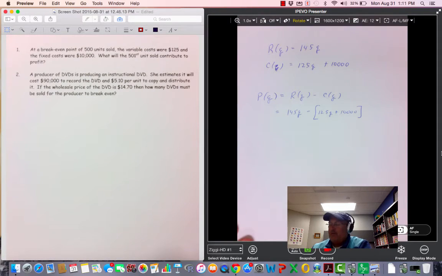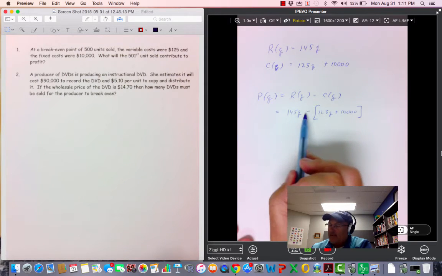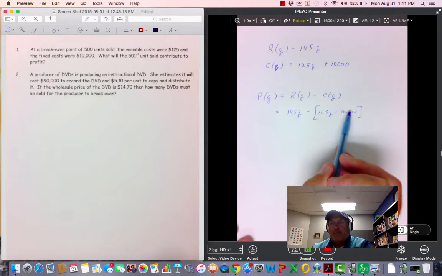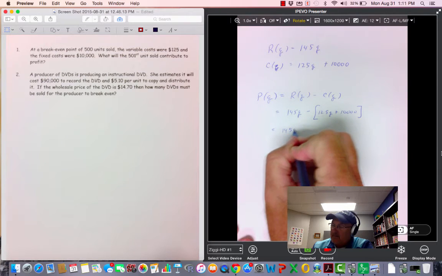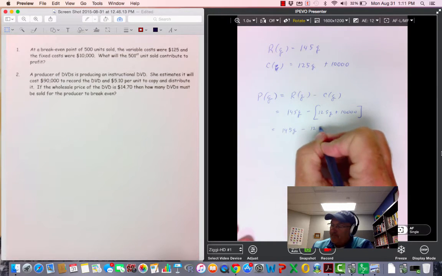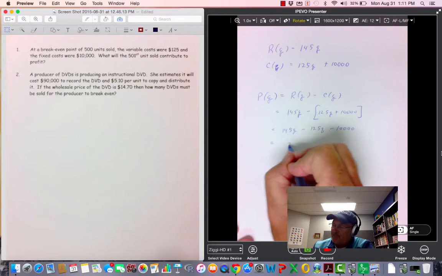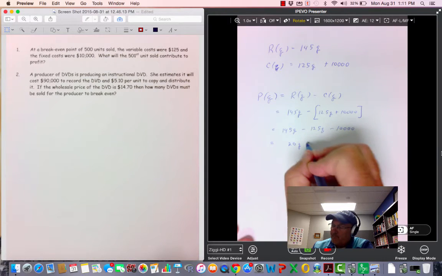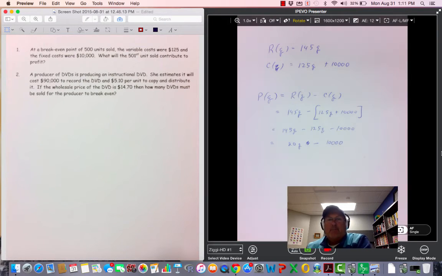Guys, remember, put the cost function in parentheses or brackets because that minus has to be distributed through to both terms of the cost function. If you don't do that, you're just going to get it wrong. So our profit function turns out to be 20Q minus 10,000.